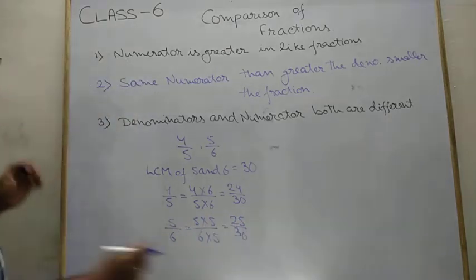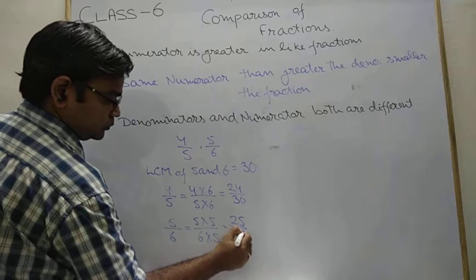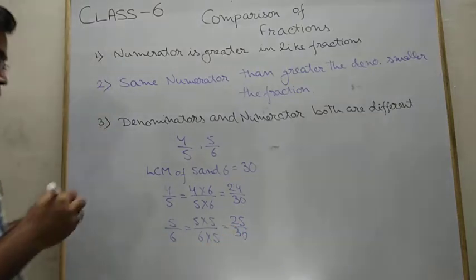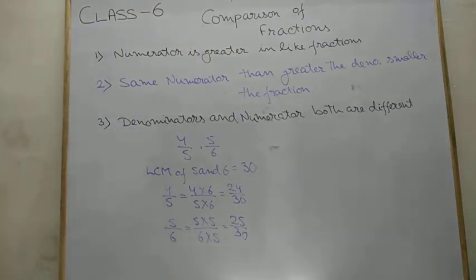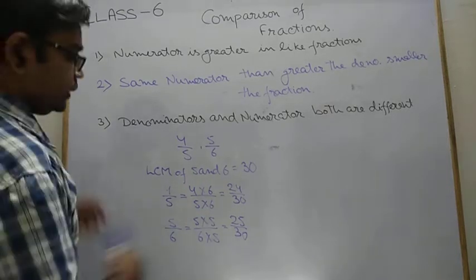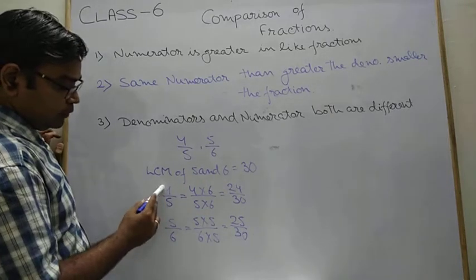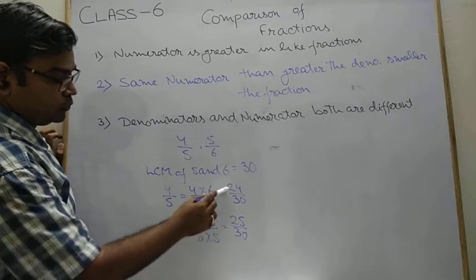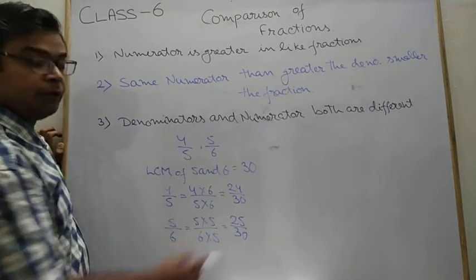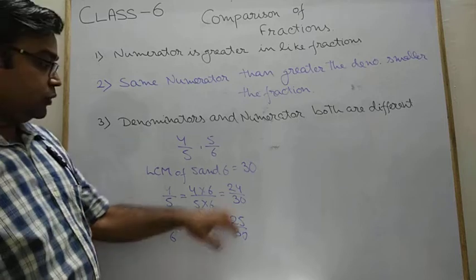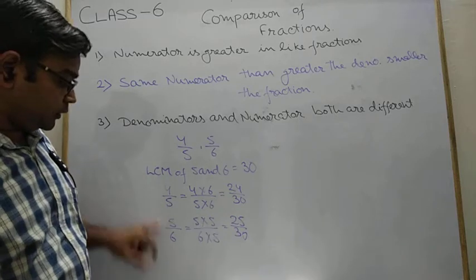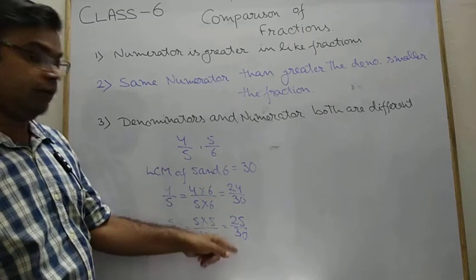Now we have easily converted 4 upon 5 and 5 upon 6 to 24 upon 30 and 25 upon 30 respectively. So we are able to convert these two given fractions into like fractions.